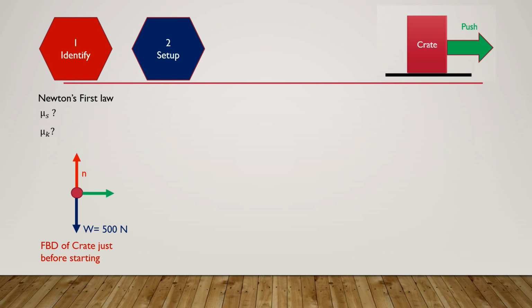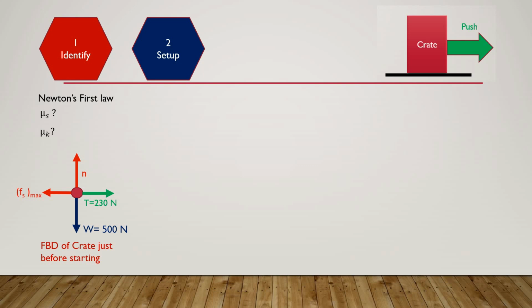As a reaction to this force, frictional force is also produced in the opposite direction. The applied force of 230 Newton was applied on this crate, and the crate does not move, and there appears a static frictional force in the opposite direction that balances this 230 Newton force, and the crate is in equilibrium. So this is the free body diagram.